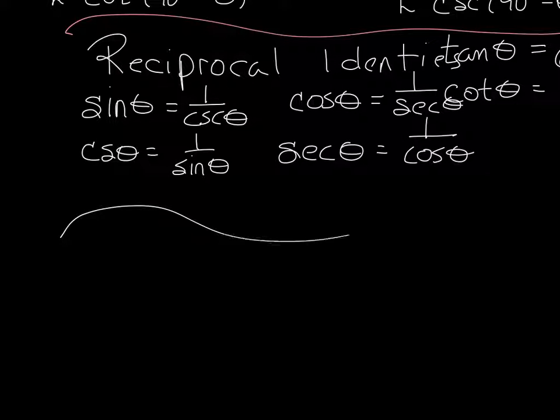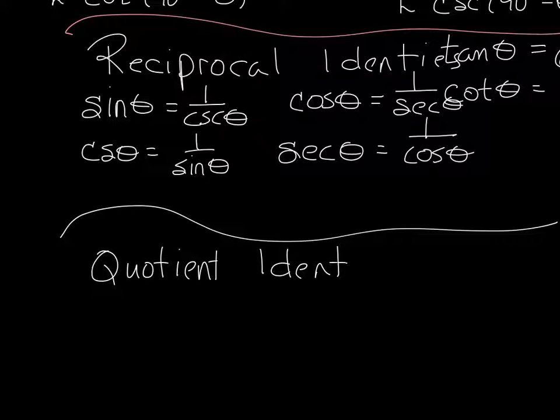All right, we also have quotient identities. There's two quotient identities. The tangent of theta, when we looked at the unit circle, tangent was what? How did we find the tangent? Opposite over adjacent. Okay, if we're looking at the unit circle, y over x.